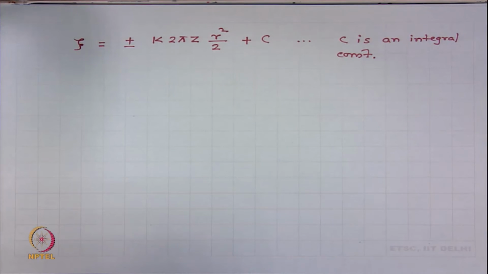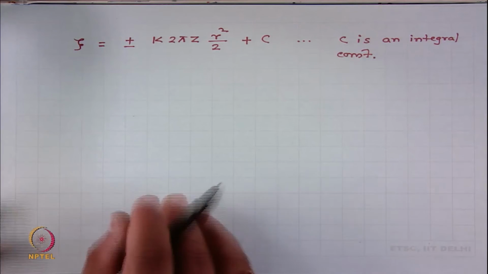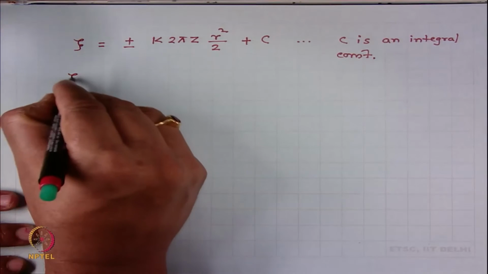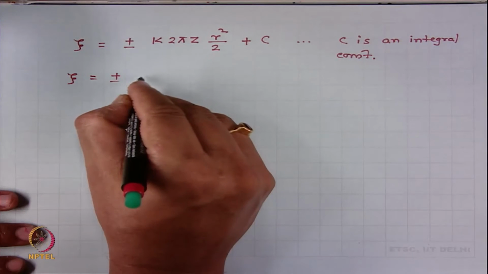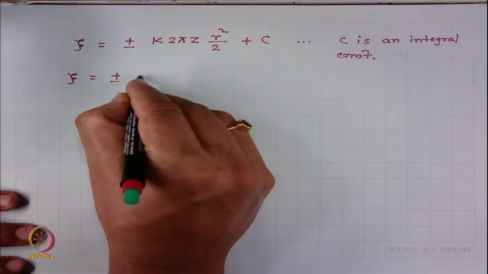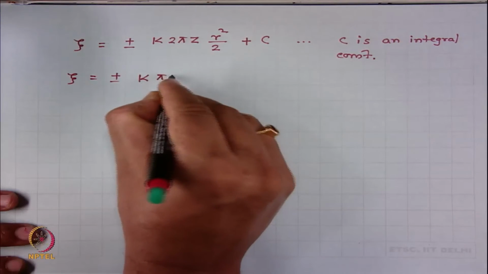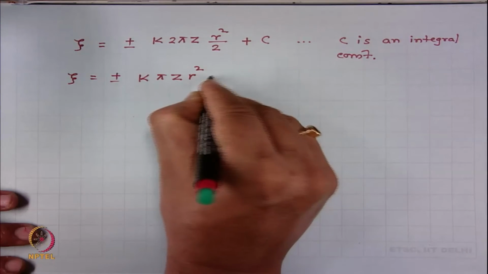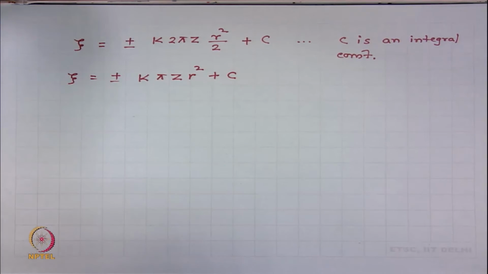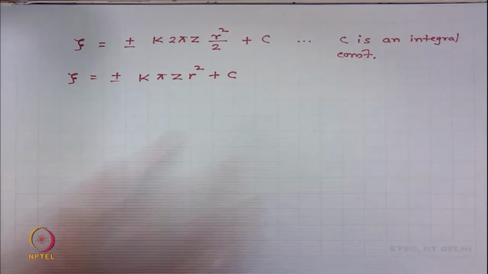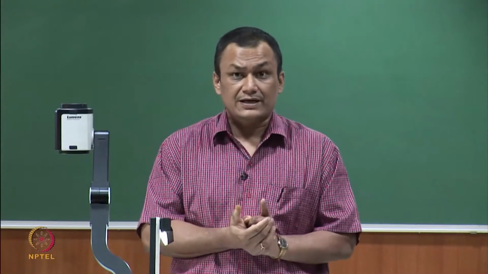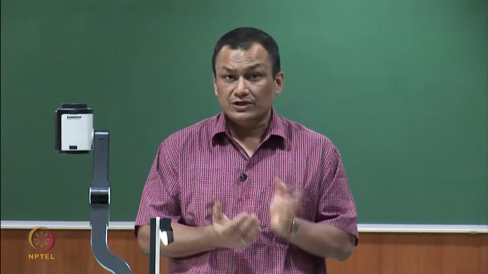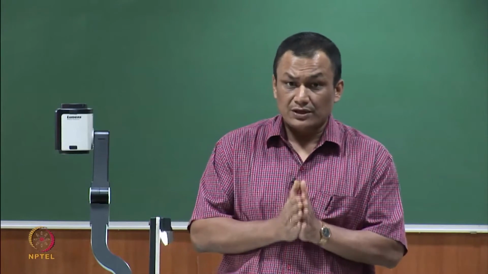Right. So, zeta is equal to plus minus k pi z r square plus c. So, this integration is possible. The two problems associated with the fundamental equation: one was that the analytical solution was not possible, second it was not defined for very small radius.